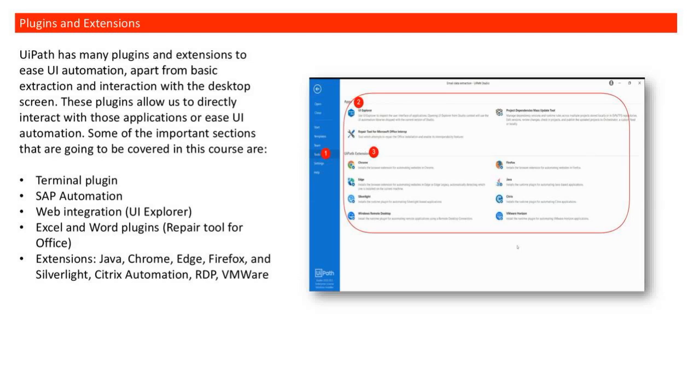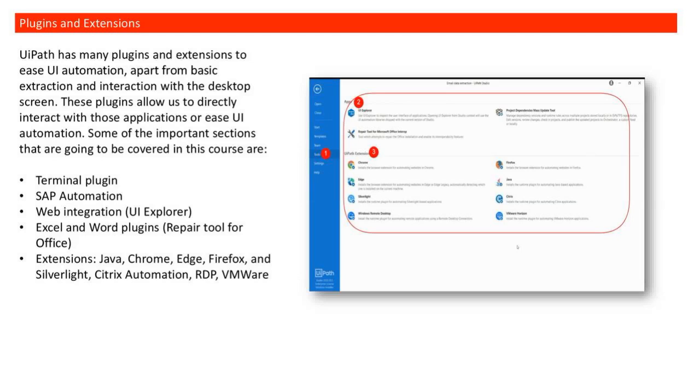Similarly, if you want to automate a process which contains SAP workflows, where you need to upload data into SAP or read data from SAP, you need to have the SAP plugin enabled. And similarly, for working with Microsoft Office products, Excel and Word plugins are also available.